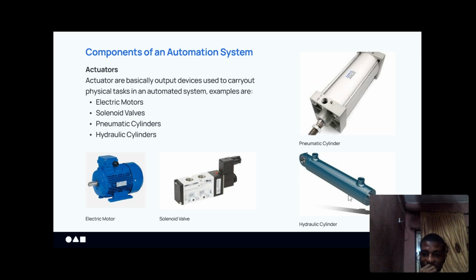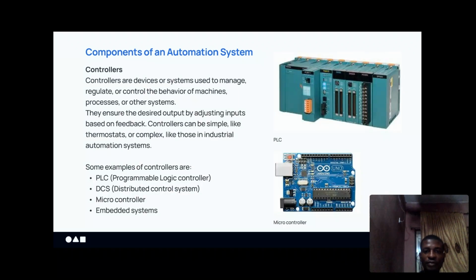In that case, they have a hydraulic pump that pumps oil. In the case of the pneumatic cylinder, it's air that is being pumped. In the case of the hydraulic cylinder, it's oil that is being pumped. The oil pushes the piston to move. So that's another component of an automation system.